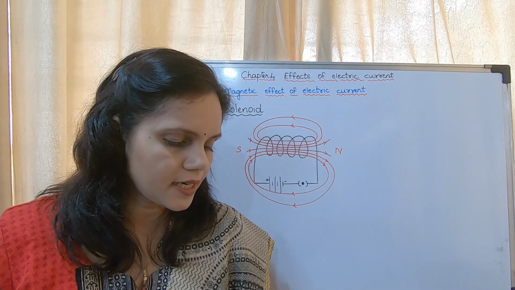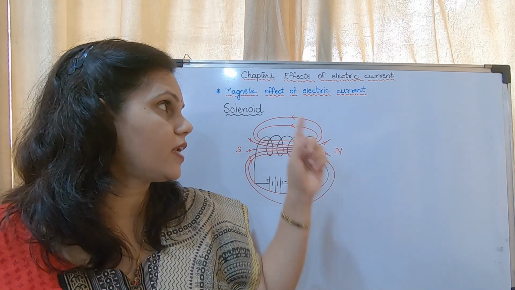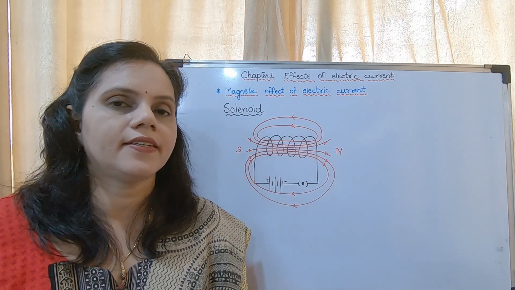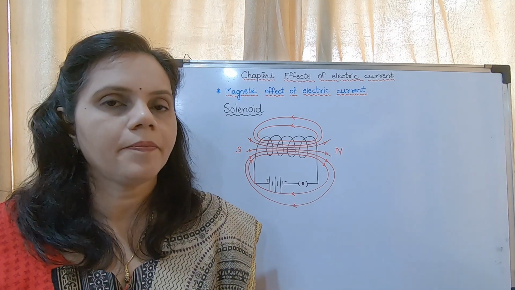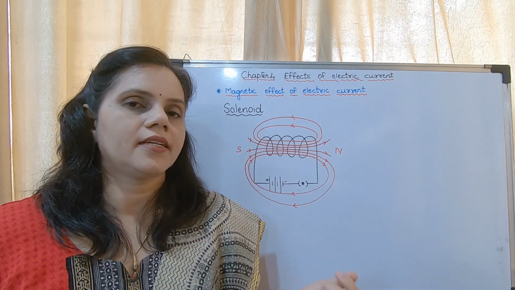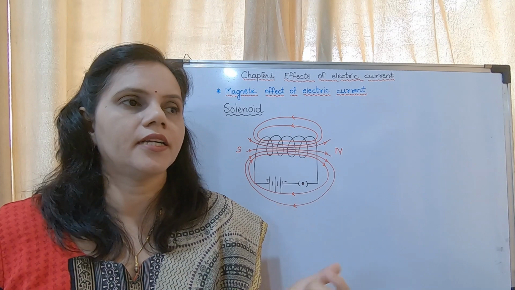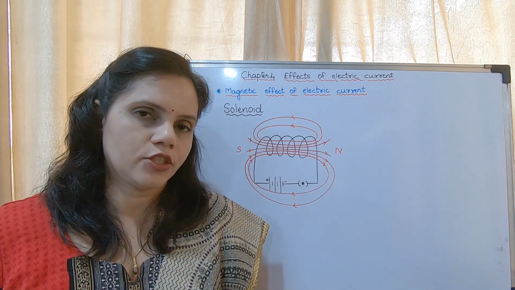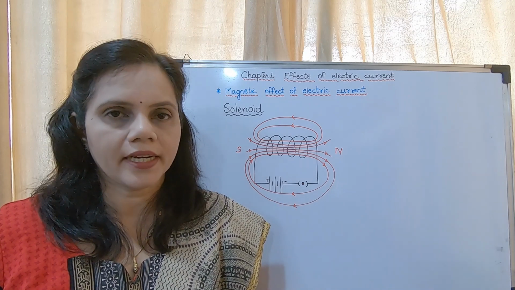So today we studied about the magnetic effect of electric current. The first activity was done by Oersted, in which it was shown that when a current is passing through a conductor, it can show magnetic effect.